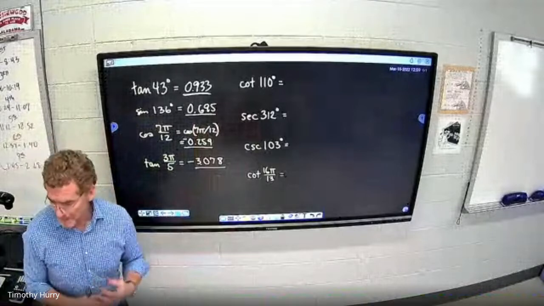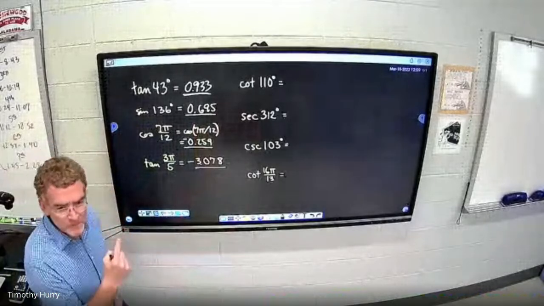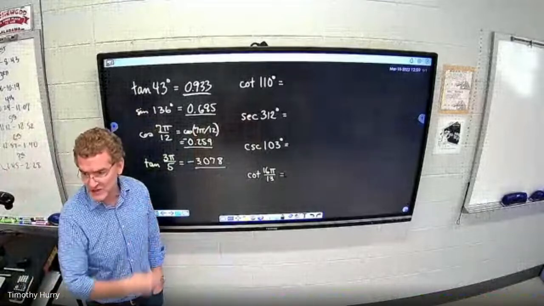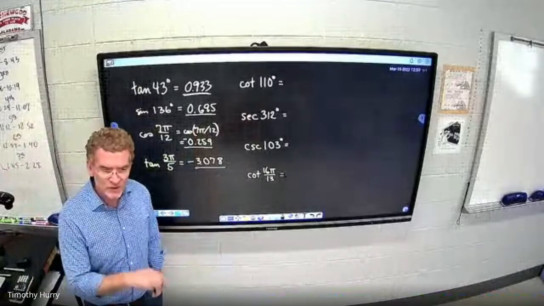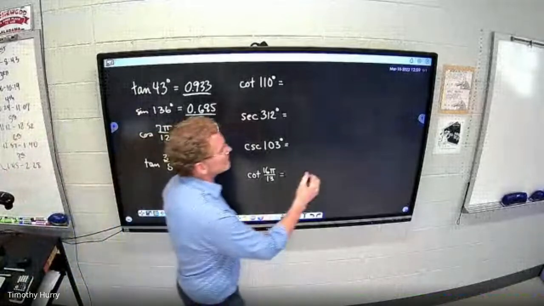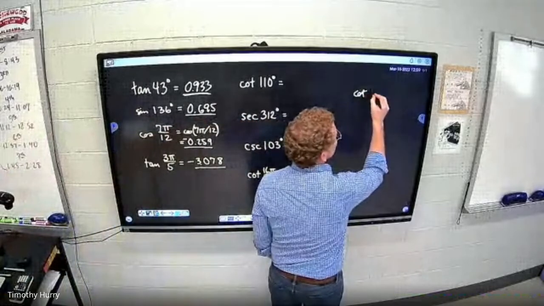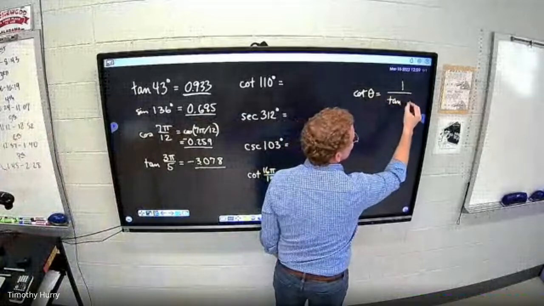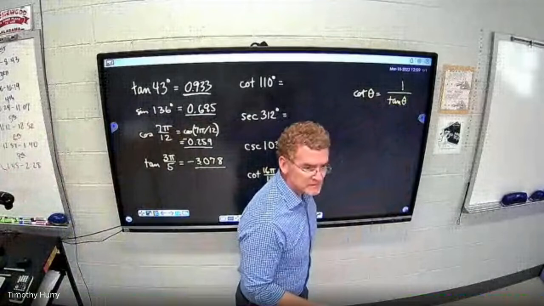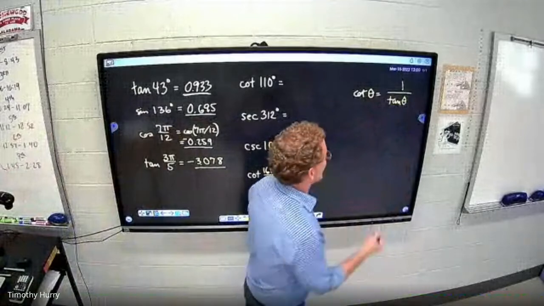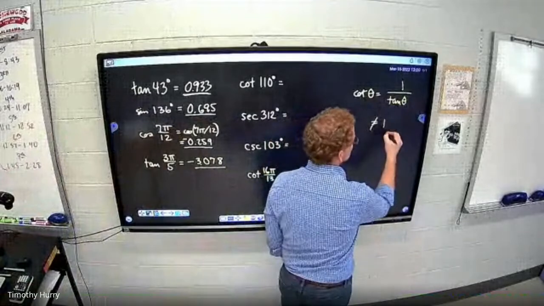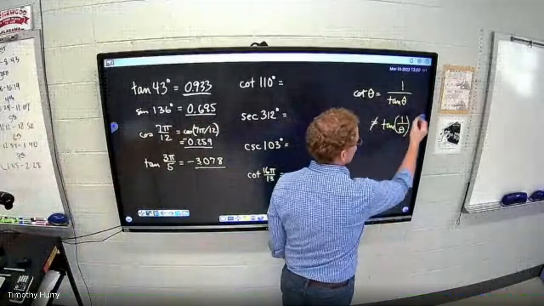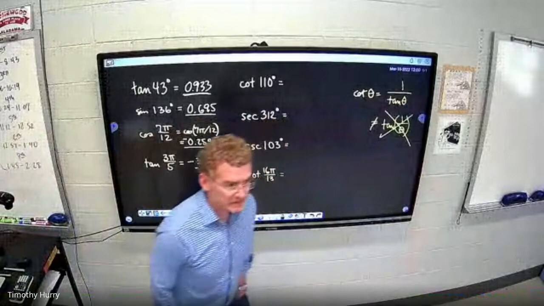All right? So here's what you have to do. Everybody who doesn't have an Inspire does not have a cotangent button. So what you have to do is think, well, what do I know about cotangent? Cotangent of an angle is the same as 1 over tangent of the angle, right? Do not confuse that with the tangent of the reciprocal of the angle. That is not right, okay?